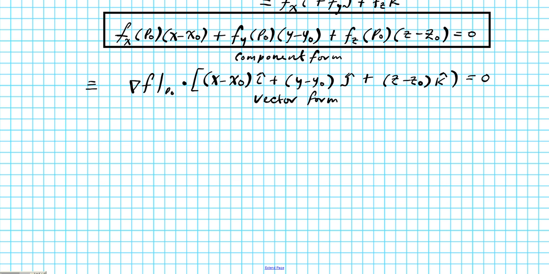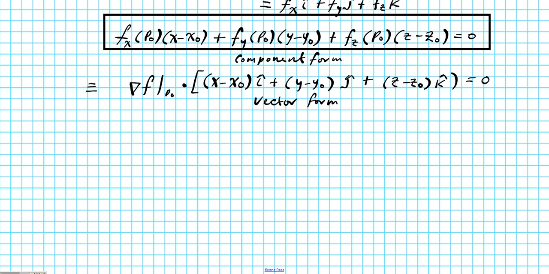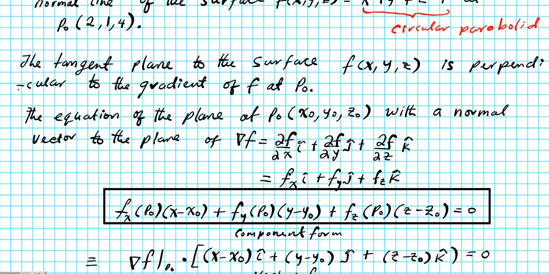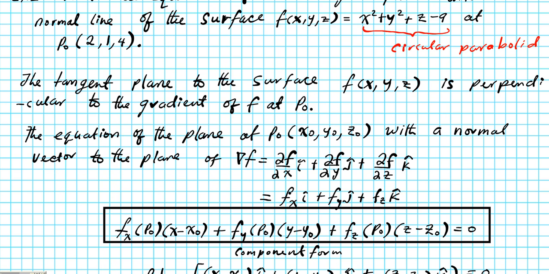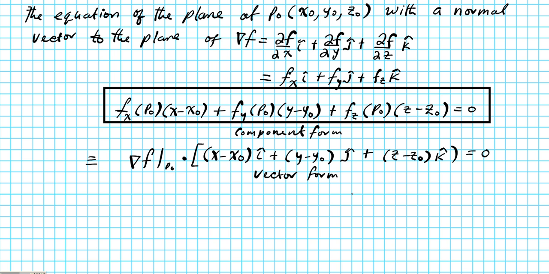And also we were asked in the problem to find not just the equation of the tangent plane, but also the equation of the normal line. So let's also write down what the equation of the normal line is real quick, and then we're going to go ahead and do the computation. All right.